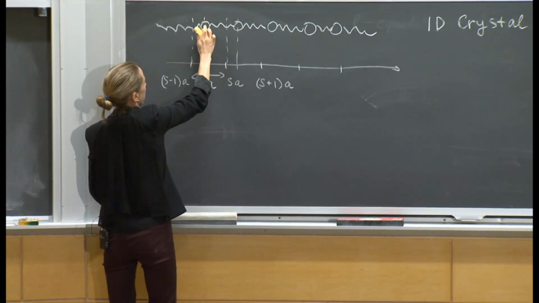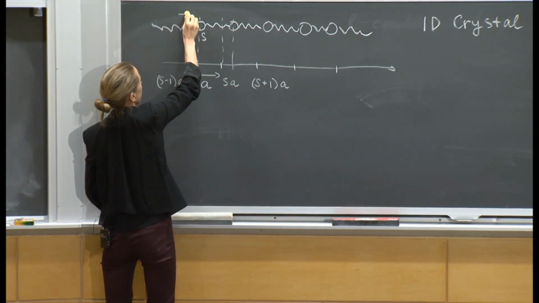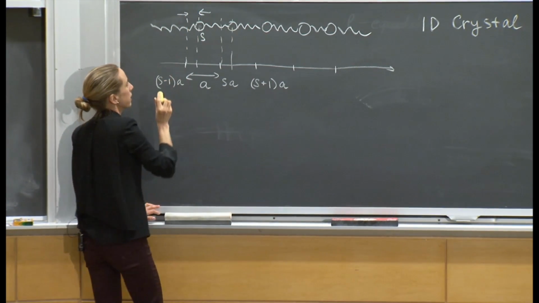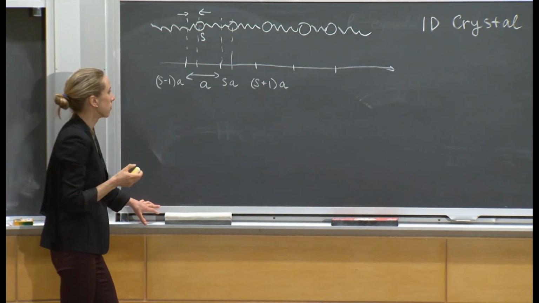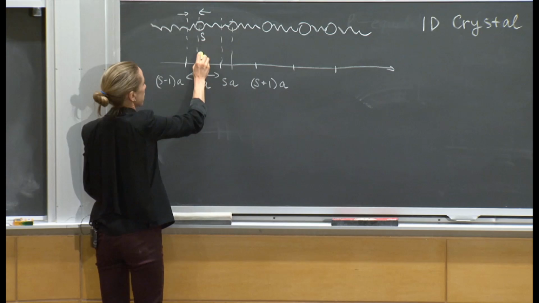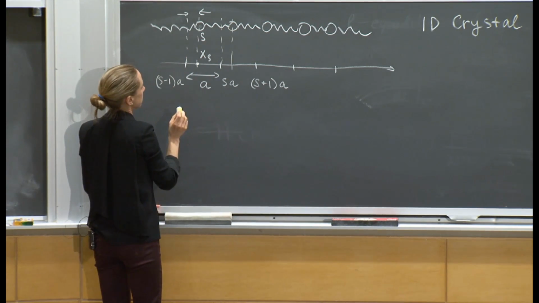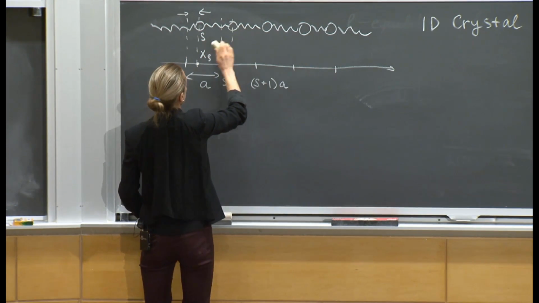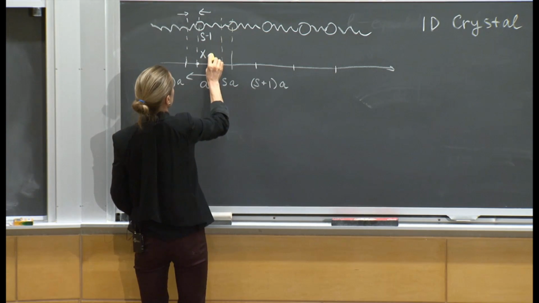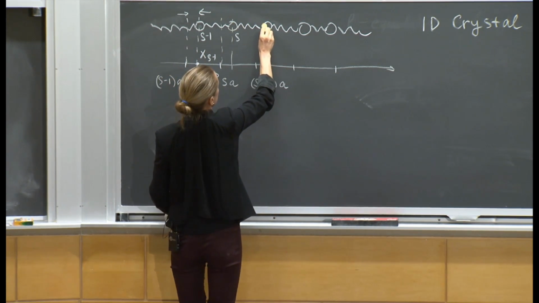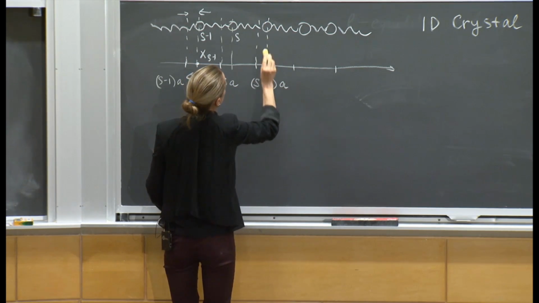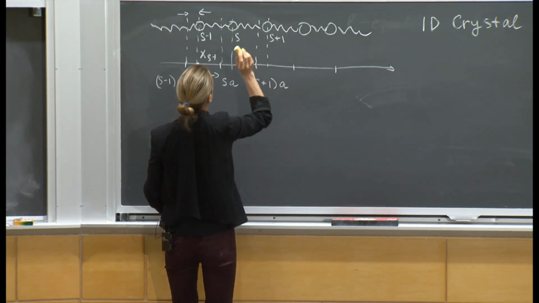And this is my atom S, and it's displaced from its equilibrium position. And its real position is some XS. And this is my, well, actually it's my S minus 1. And this is my atom S, and this is my atom S plus 1.